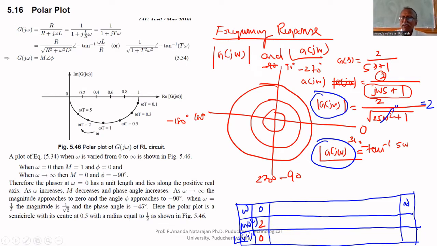When omega tends to infinity, if you substitute 2 by infinity, that is equal to 0. Therefore, the magnitude is 0. If you substitute omega equal to infinity, what you will get? Minus 90.